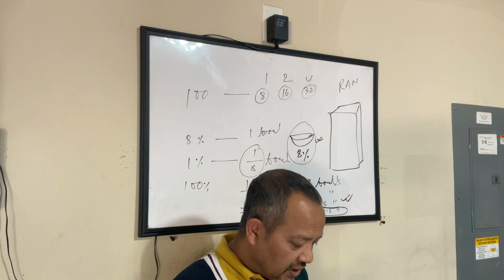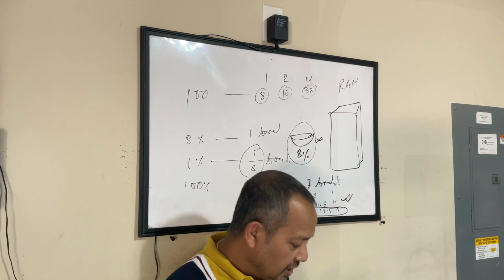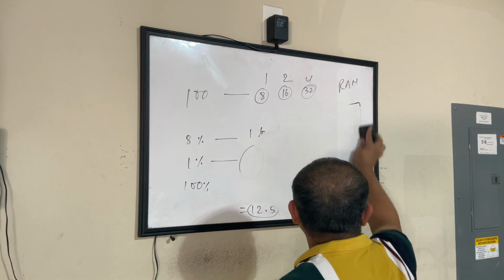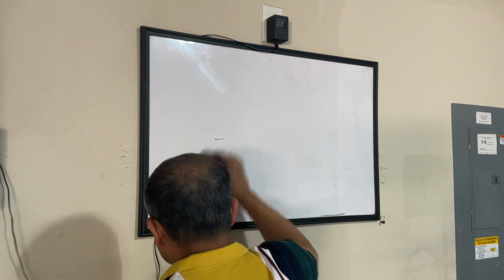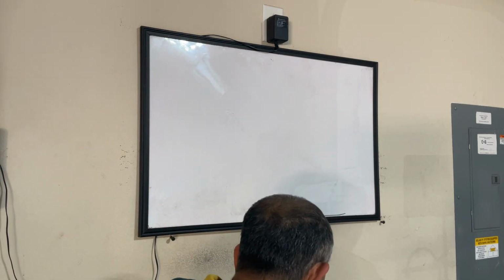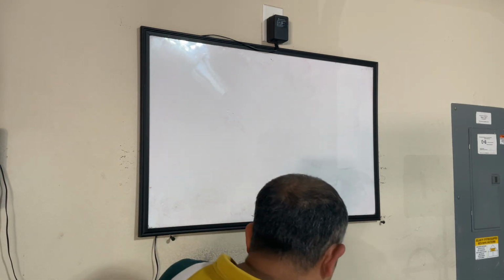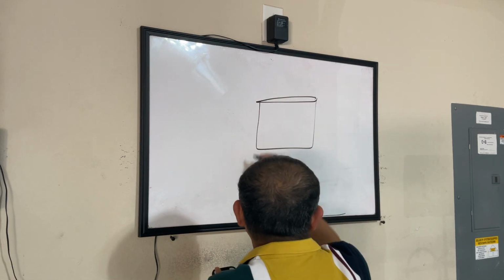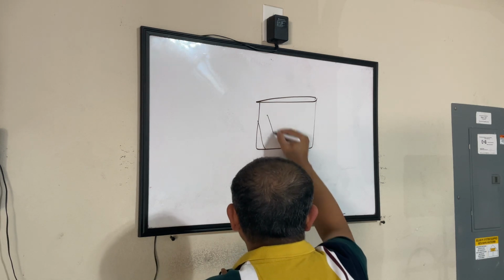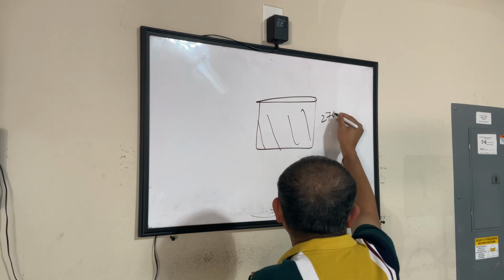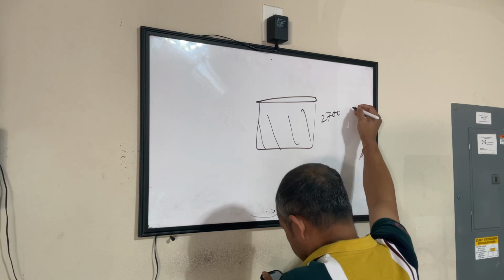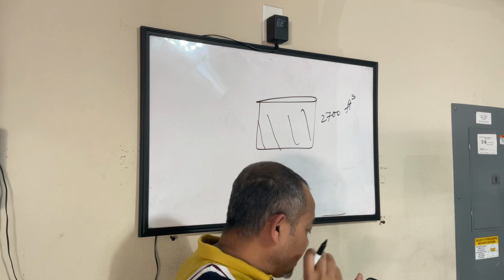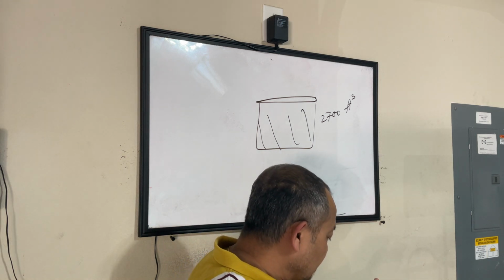An empty pool has the capacity to hold 2700 cubic feet of water. So empty pool, this is my pool. I don't know whether it looks like a pool or a container. This can hold 2700 cubic feet of water.